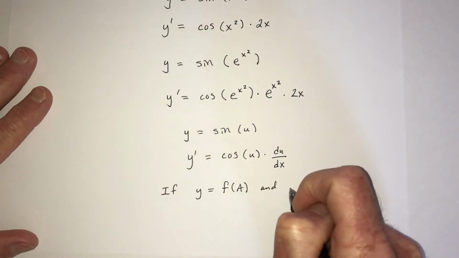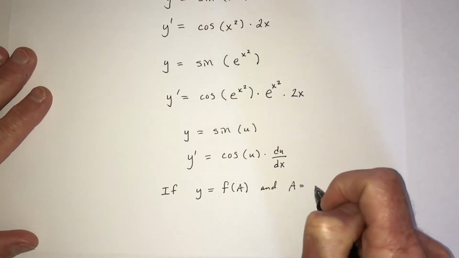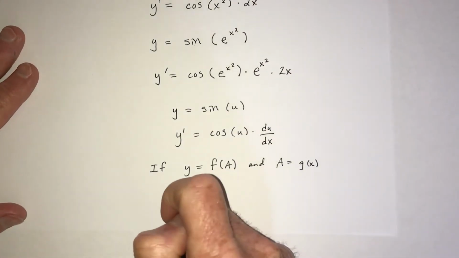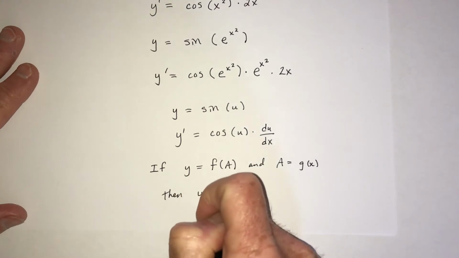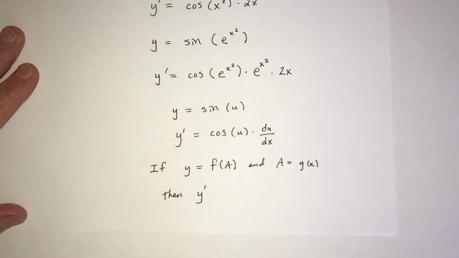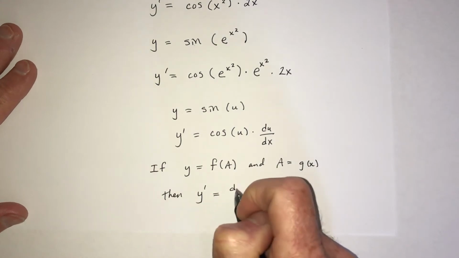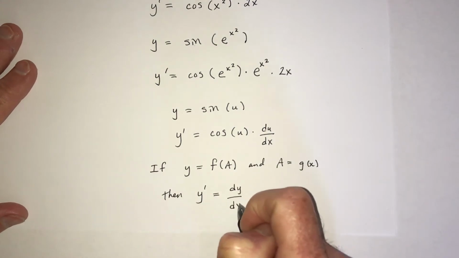And a is a function of x, then the derivative, now I could write the derivative as just y prime, or I could be more specific and say the derivative of y with respect to x.